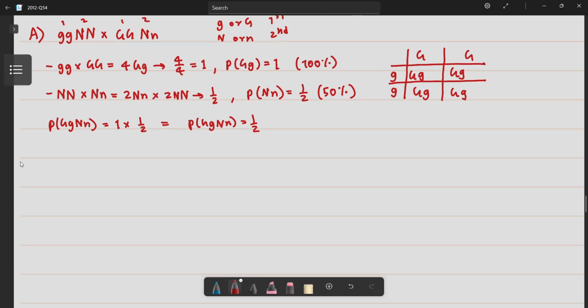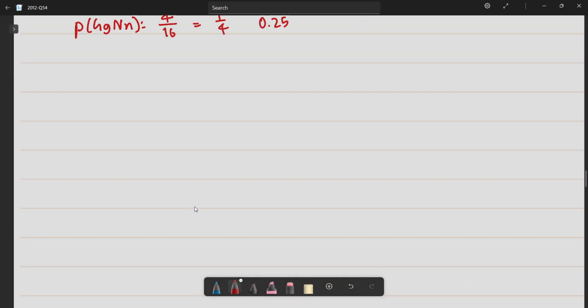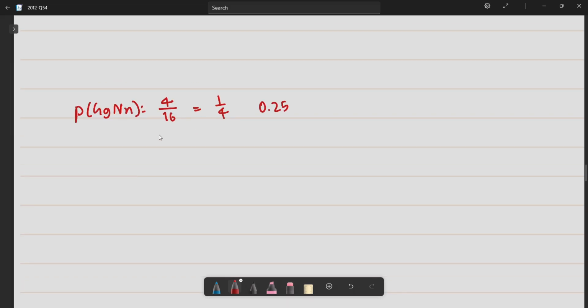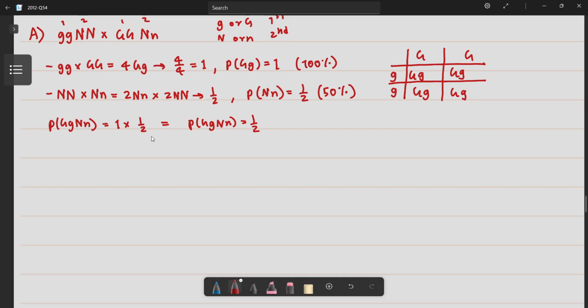I'm not yet sure, but I can make a direct comparison that option A has a higher chance of producing the heterozygote of two genes compared to option E, where there's a crossbreed between G and N and then G and N. Option E has a very low chance, but I'm going to use this method and then show which one is the greater.